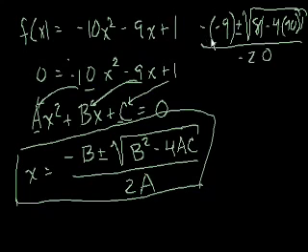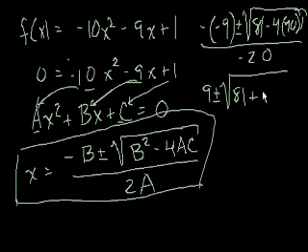So let's simplify that. Negative times negative 9, that's positive 9, plus or minus the square root of 81. We have a negative 4 times a negative 10, times 1. I know it's very messy. I really apologize for that. So negative 4 times negative 10 is 40.